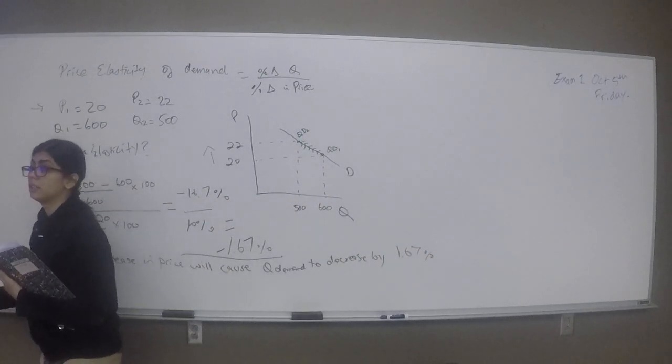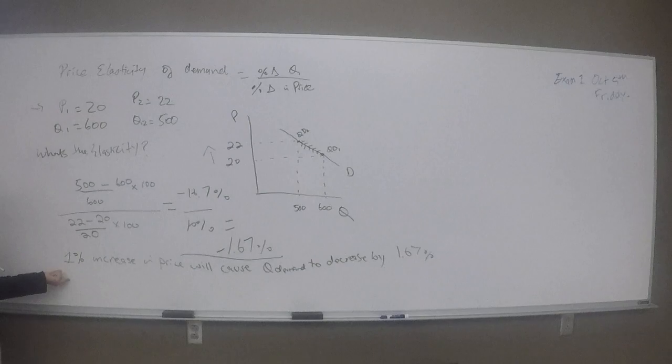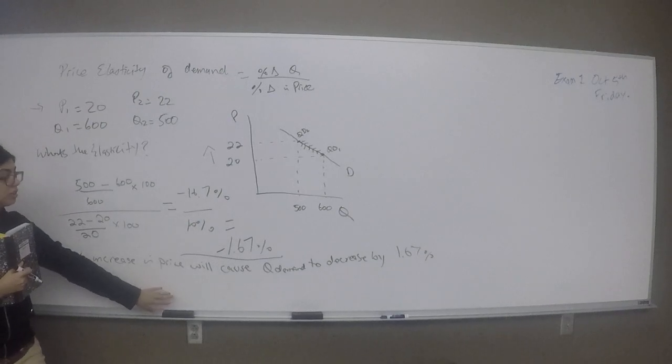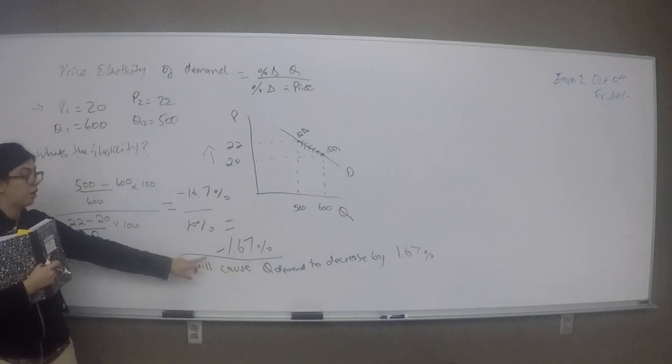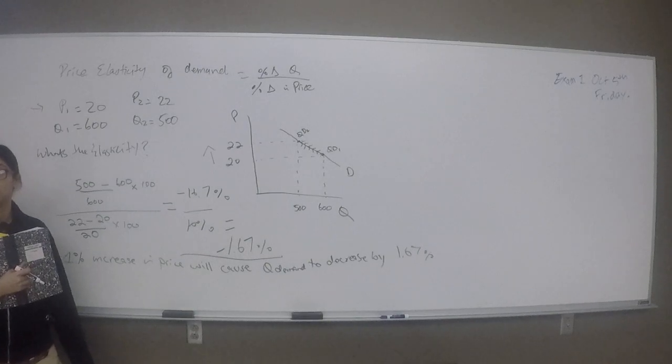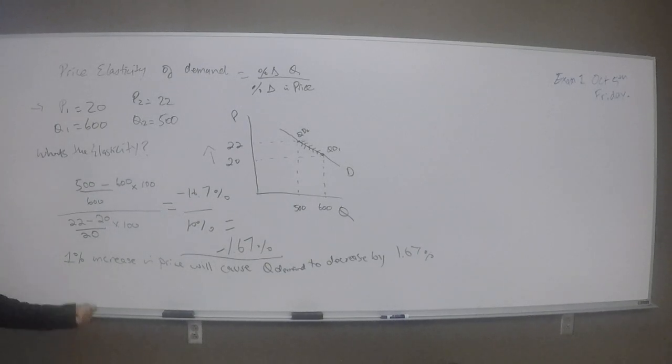Know what this means. There are multiple choice questions that'll ask you, what does this mean? So a 1% increase in price will cause quantity demand to decrease by 1.67%. That's what elasticity means, and that's what we calculated.